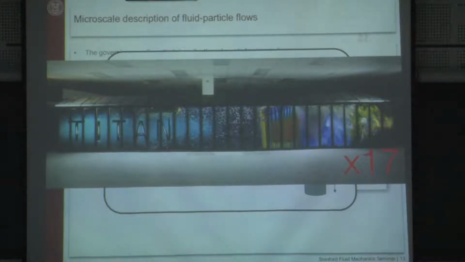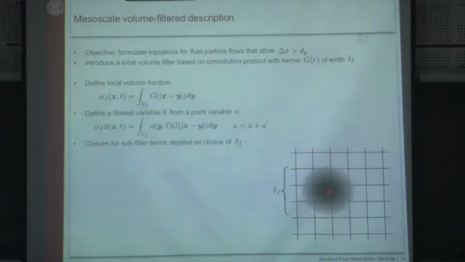We need something else. This is where we introduced our mesoscale volume filtering strategy. We're going to explicitly give up anything that has to do with the micro-scale process, because we're going to claim that this is something we can model fairly efficiently. So we'll reformulate our equations such that we don't need to mesh down to a scale below the particle scale.